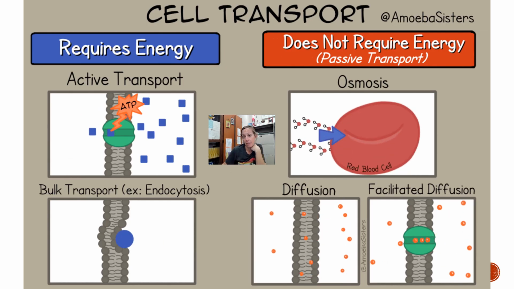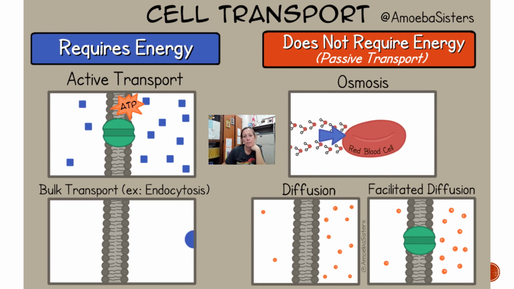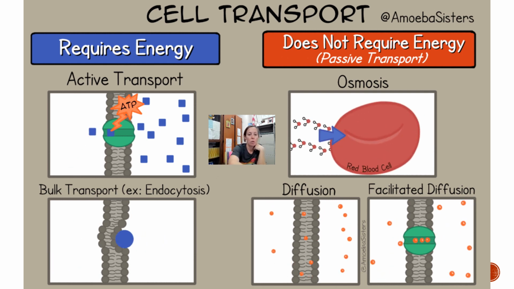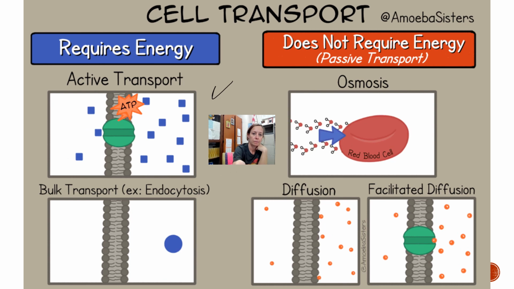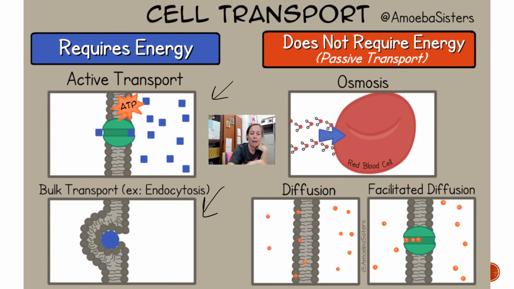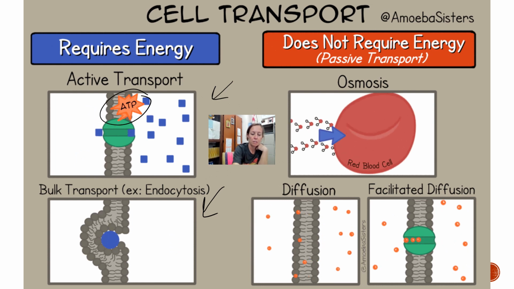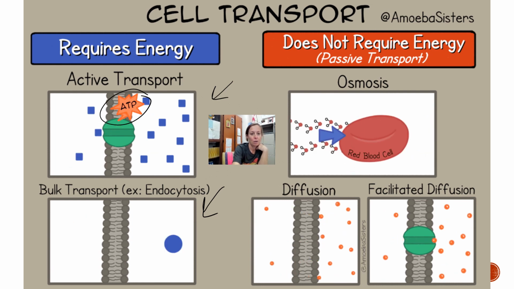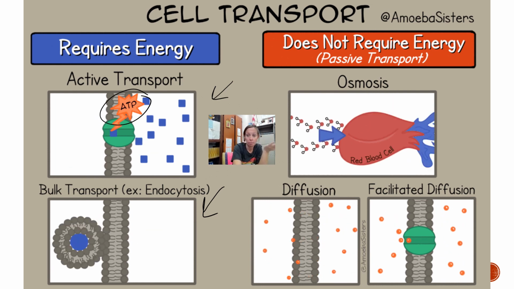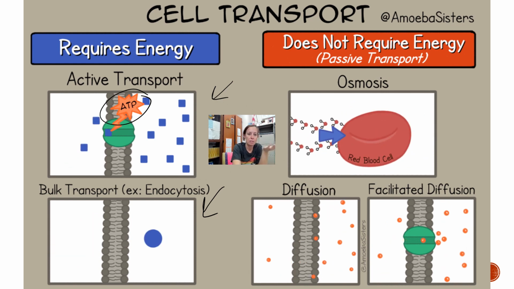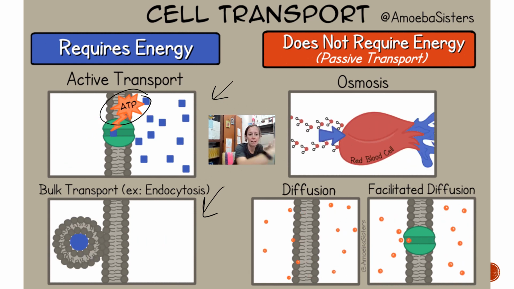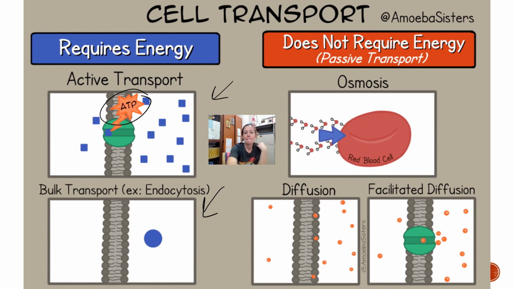So here's our different transports, our beautiful picture of them. So remember, our required energy ones are here. So those are both active transport. So we have ATP being used, or this one. This is going into the cell or out of the cell, depending on which side the cell's on, right? So endocytosis or exocytosis, see how that molecule is coming to the membrane and it's forming a little vesicle and leaving, right?